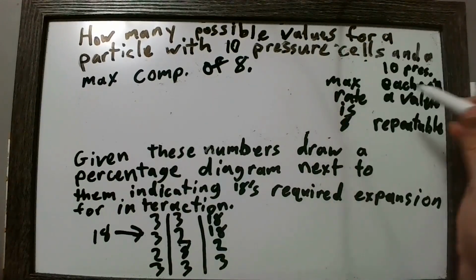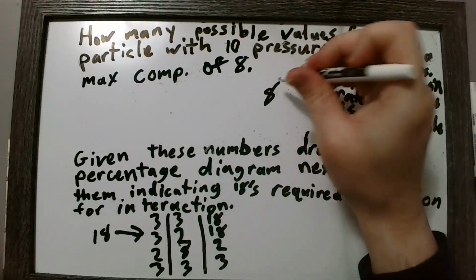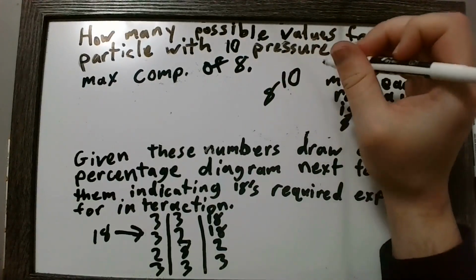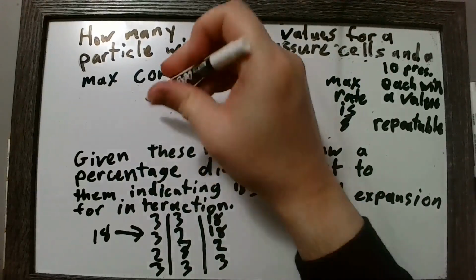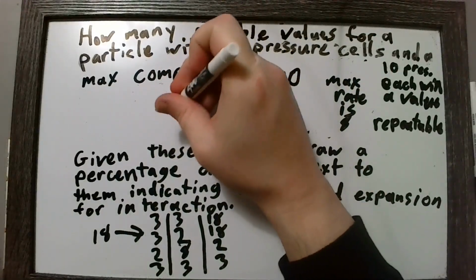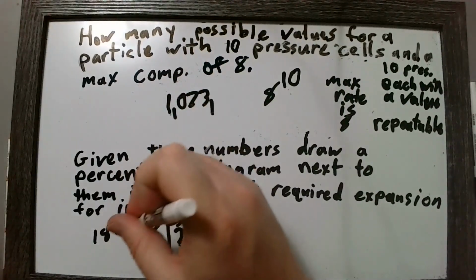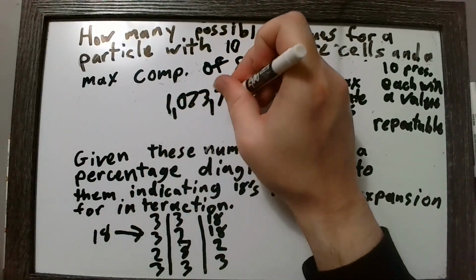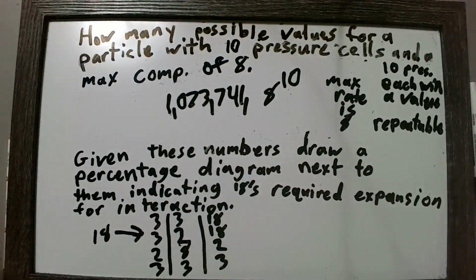All right, so then all we do is take the max rate and we set it to the power of 10, right? That's all we do for this question, and that value is 1,073,741,824.